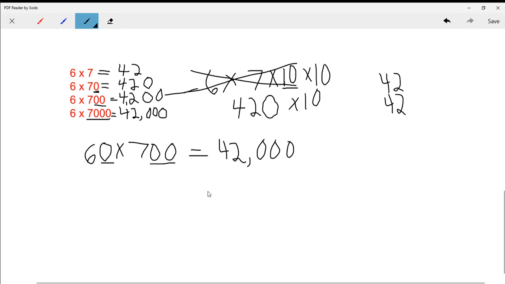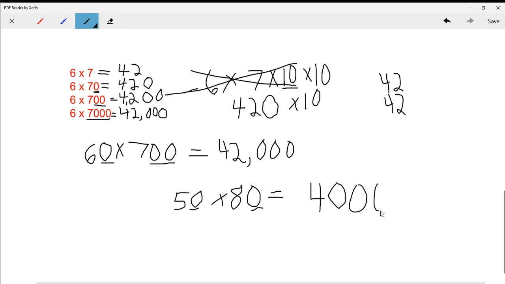I should also mention, if we're doing, let's say, 50 times 80, we know that 5 times 8 is 40, okay? And then we still have to add these 2 zeros, 1, 2, and it becomes 4,000.